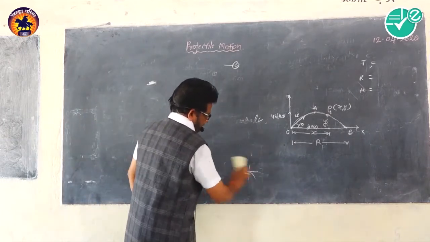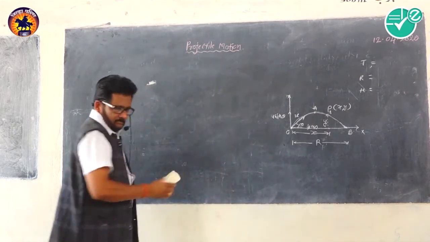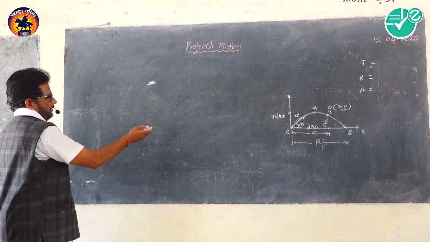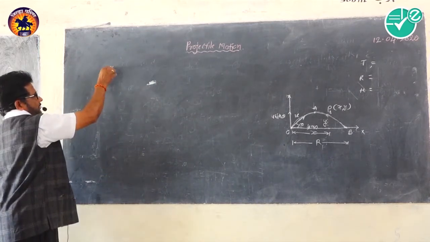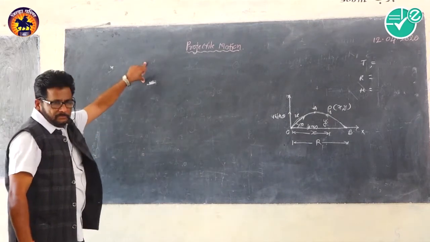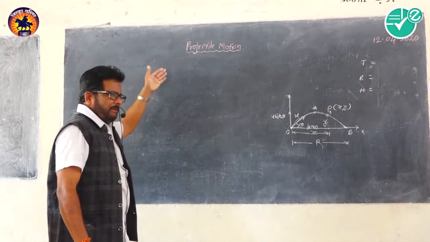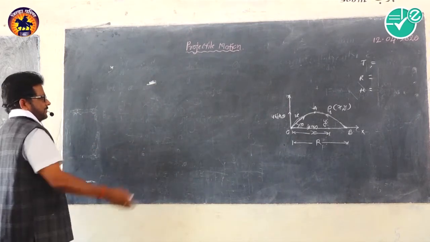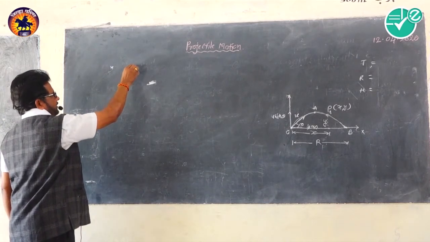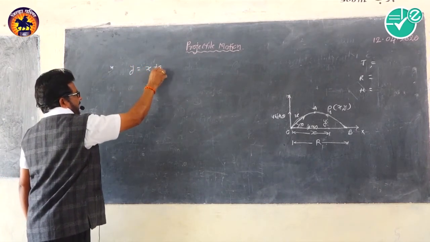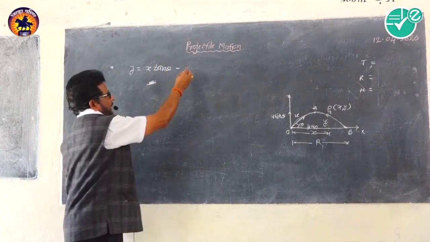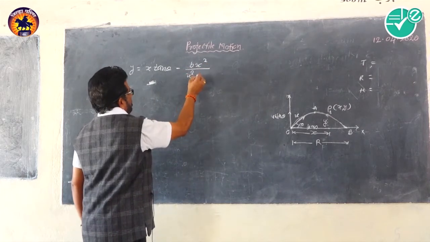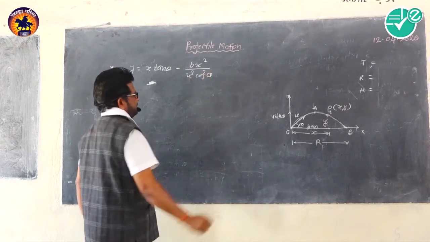Then this equation of the projectile can be written in another way. Suppose the equation of this projectile motion is y equal to x tan theta minus g x square upon 2 u square cos square theta.